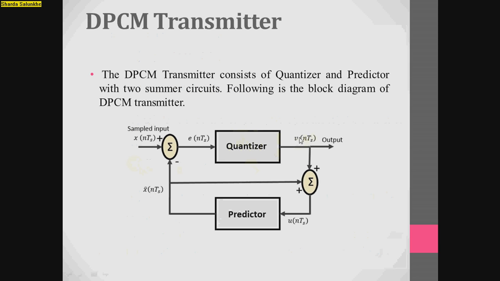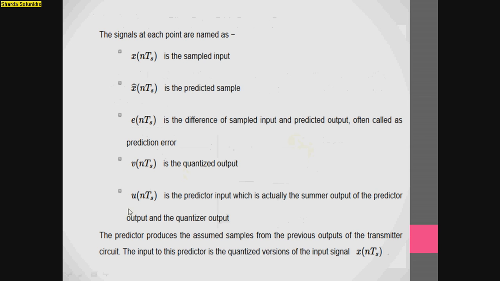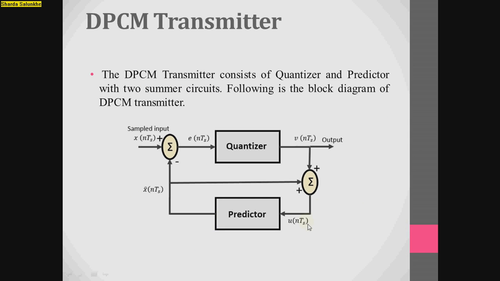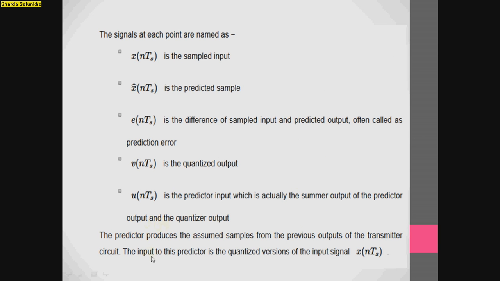So the output of the quantizer is nothing but V of nTs. U of nTs is the predictor input, which is the summer output of the predictor output and the quantized output. So U of nTs is the summation of the quantized output and the predicted output.